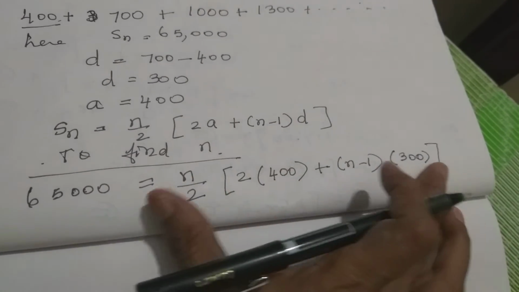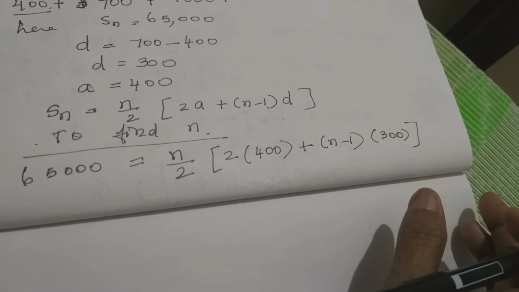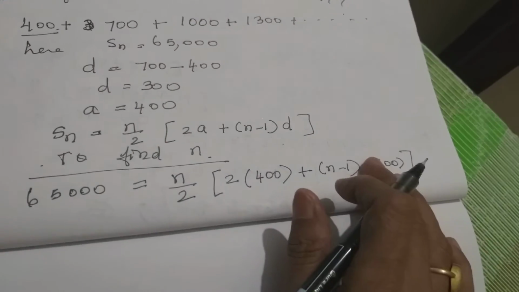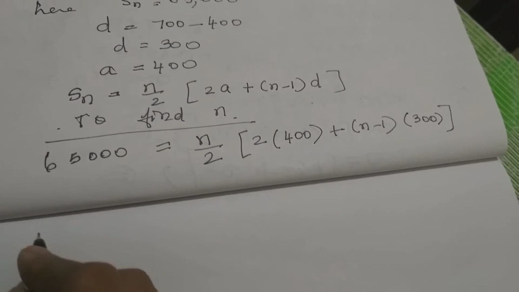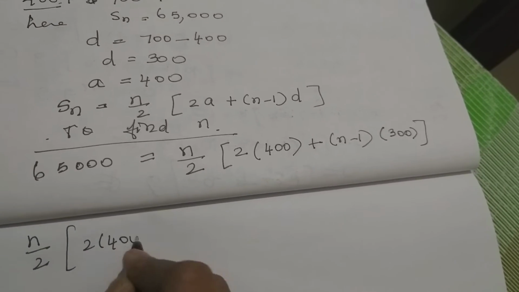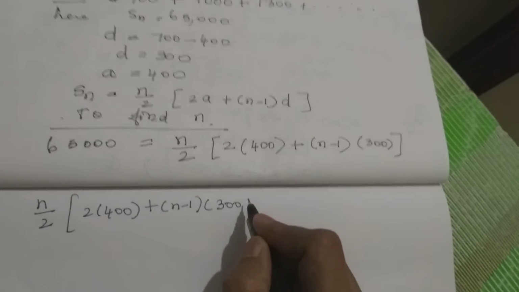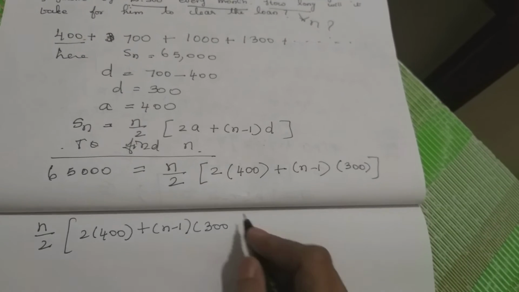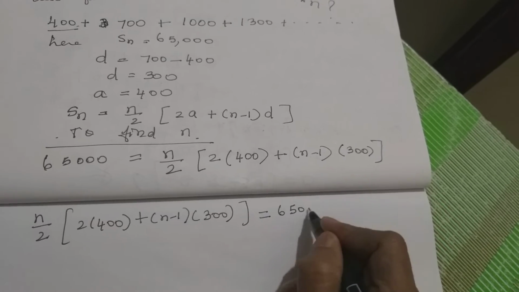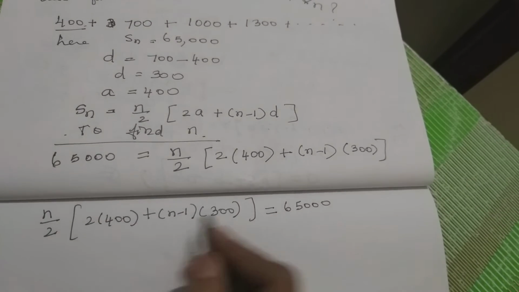So we are getting n by 2 into 2 into 400 plus n minus 1 into 300 equal to 65,000.